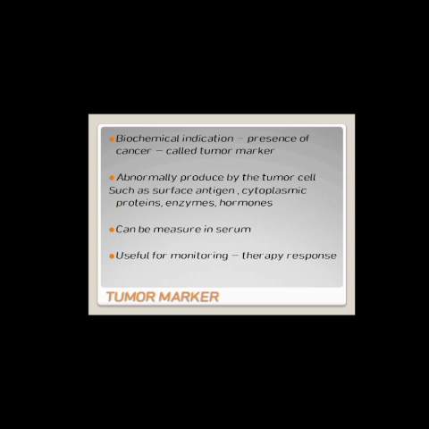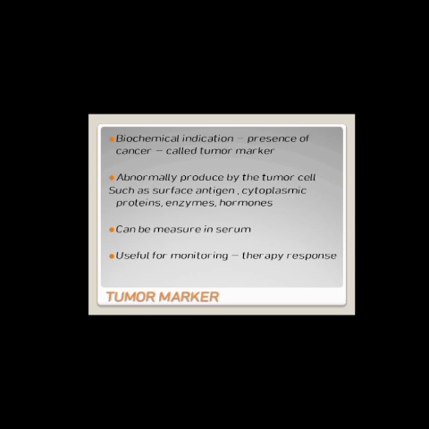Abnormally produced by tumor cells, such as surface antigens, cytoplasmic proteins, enzymes and hormones. The tumor marker might be anything from these characters, such as surface antigen, cytoplasmic proteins, enzymes and hormones. It can be measured in serum, and is useful for monitoring therapy response.